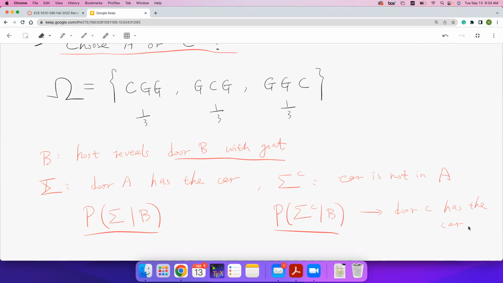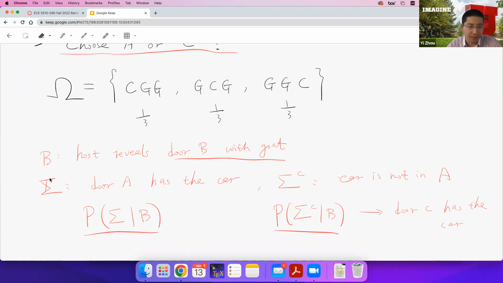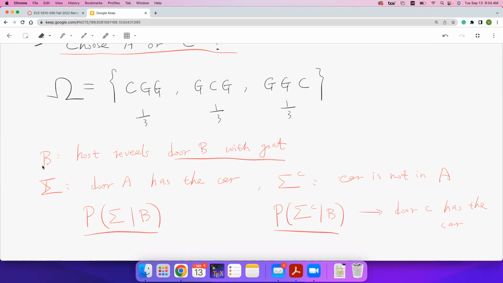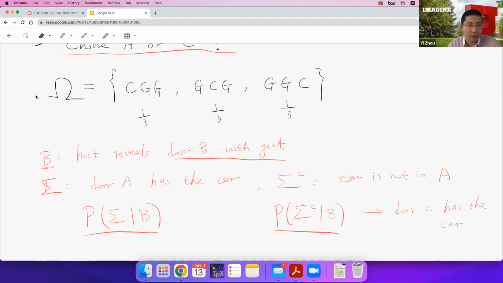I just had a quick question on the notation of the events in sigma. Or I guess not sigma, the very top event with all the events in it. Omega? Yeah, omega.